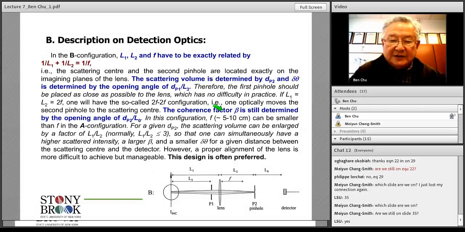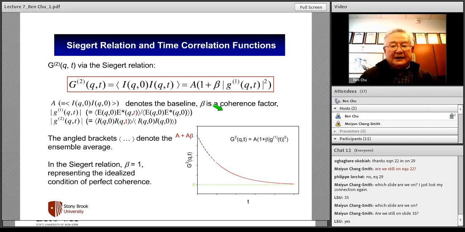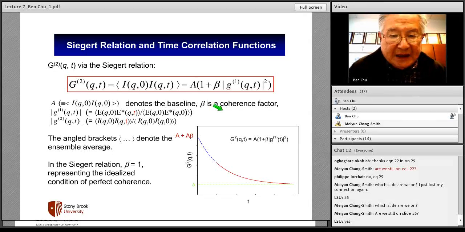If you want to improve the signal-to-noise ratio at a certain scattering angle range, you have to design your optics based on roughly what I just indicated in the previous three transparencies.